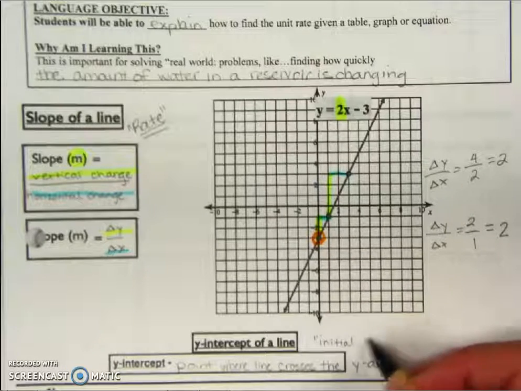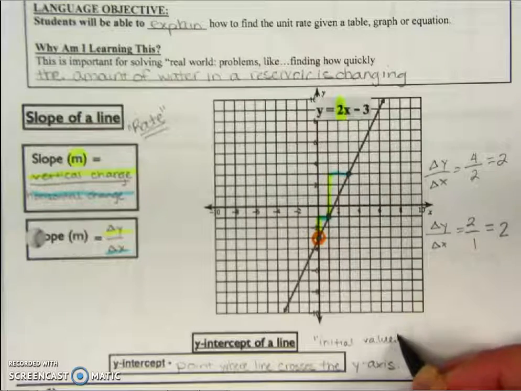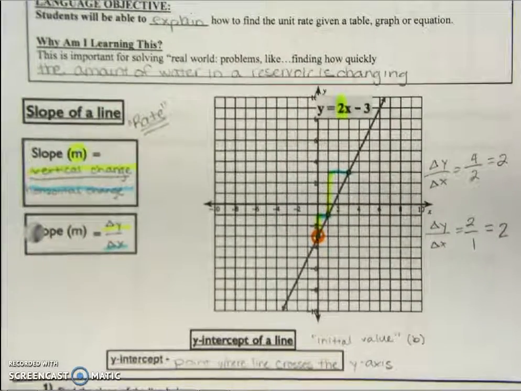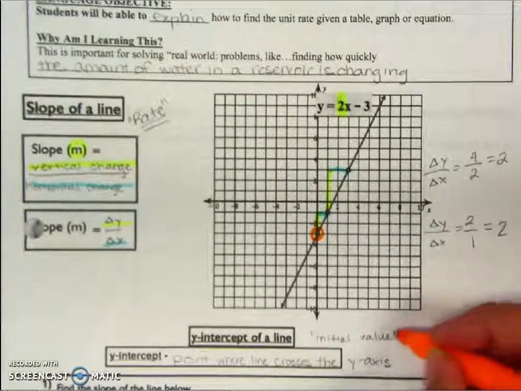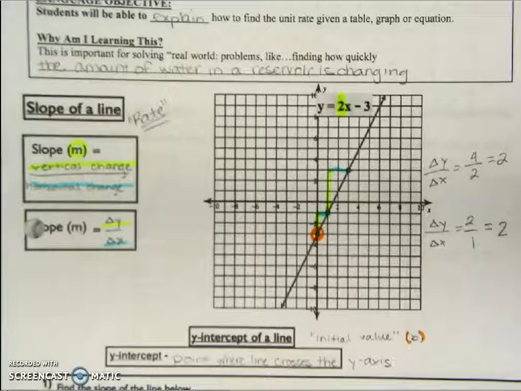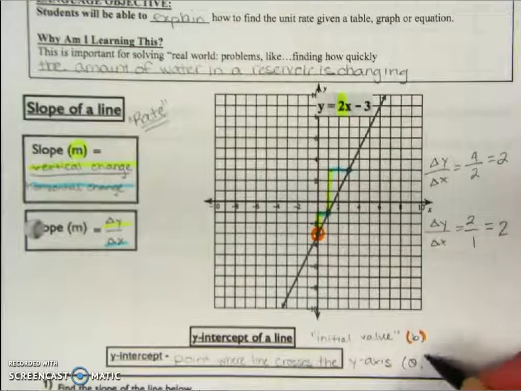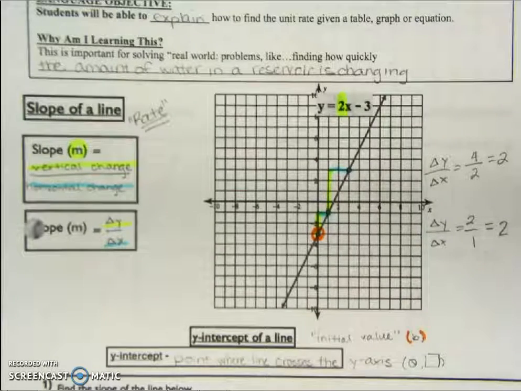Sometimes that is also referred to as B, B for beginning. Our initial value is also known as the y-intercept point, and that is where X is 0. That's our value when X is 0.